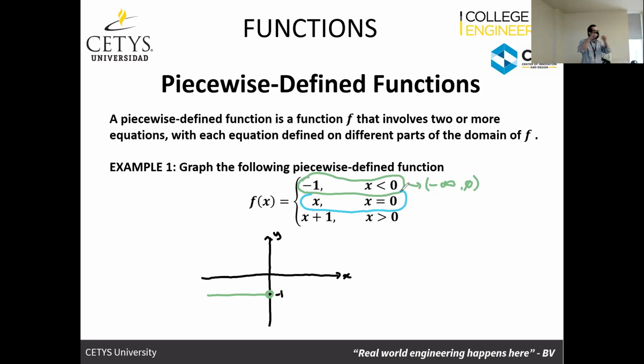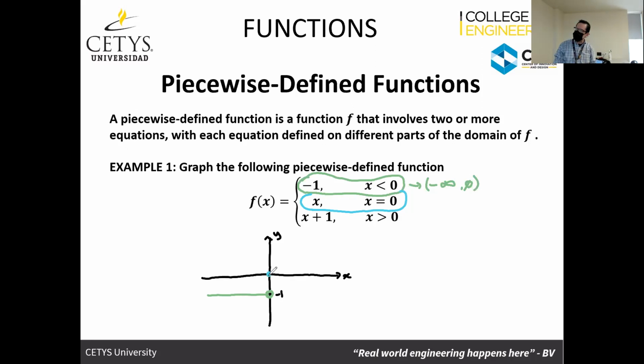If the value is gonna be x and for x equals 0, then what is the only value I'm gonna have of x for this section? 0.